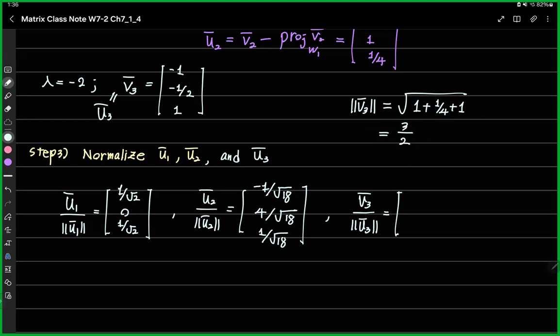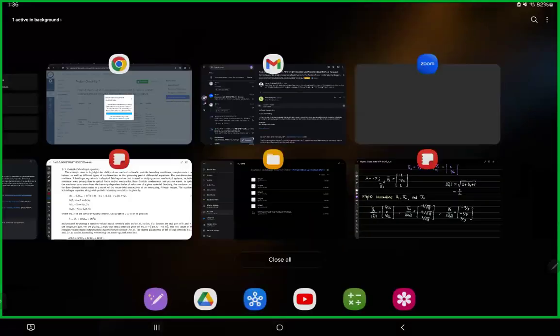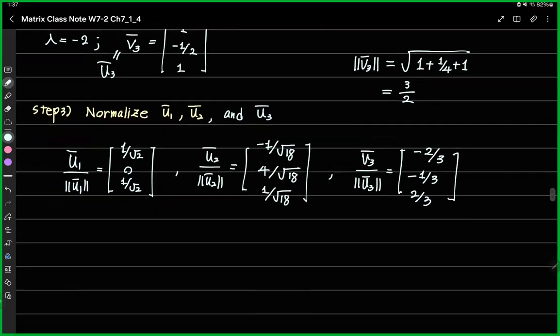Give me a second. Yes, the norm of V3 is 3 over 2. So I just normalized all three orthogonal basis vectors, and now we have an orthonormal basis.